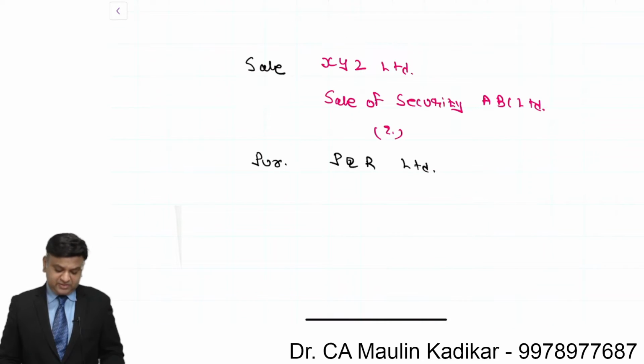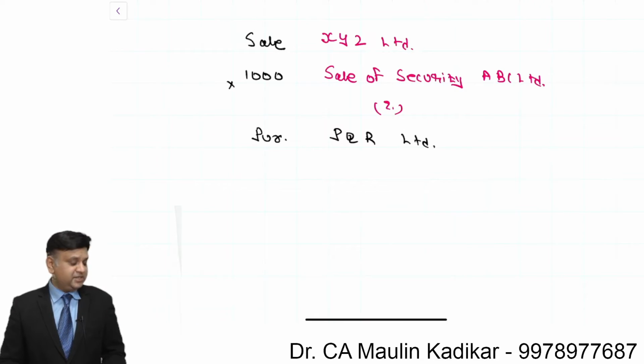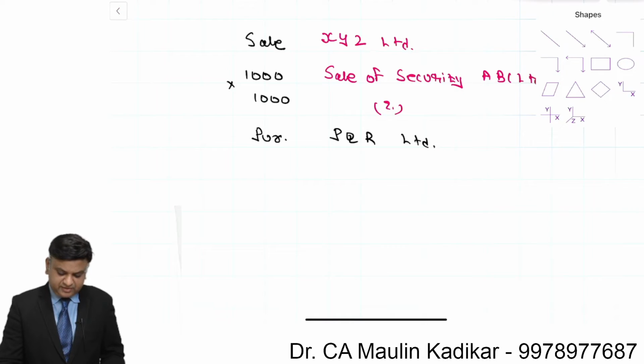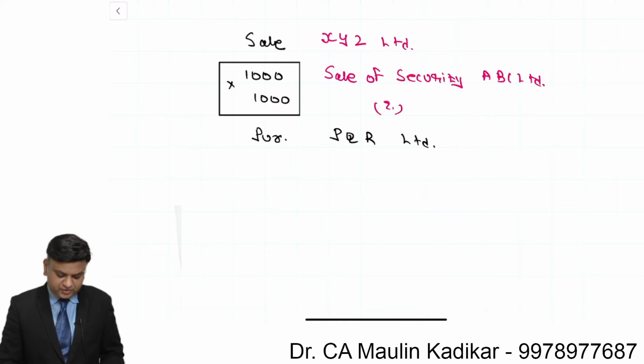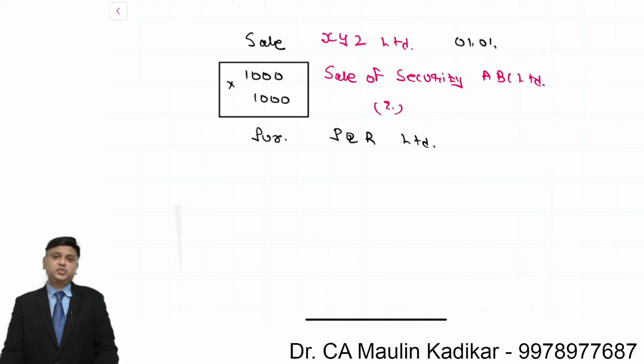What is the price at which the transaction is entered upon? It is 1000. What is the number of shares? It is again 1000. So this is the way the transaction has taken place on 1st of January. Whether XYZ Limited has shares of ABC Limited, the answer is no. So basically XYZ Limited is having a short position on the cash market.